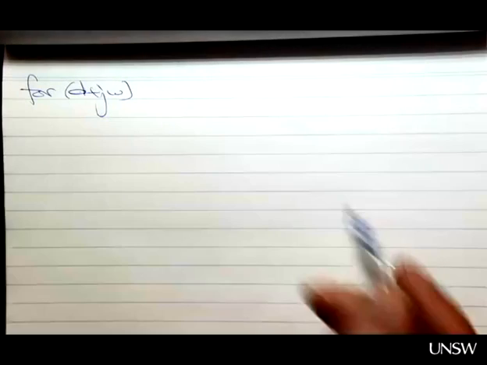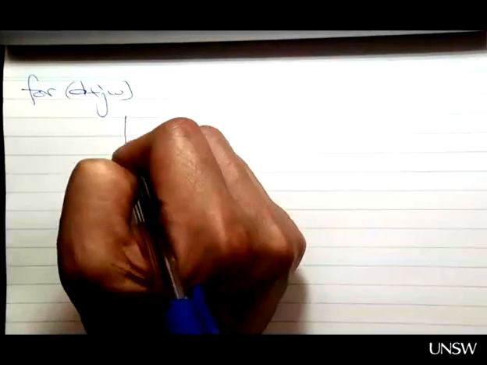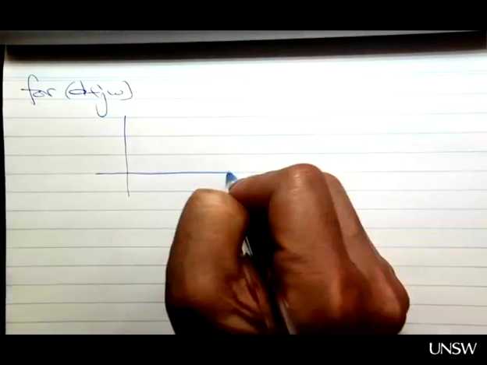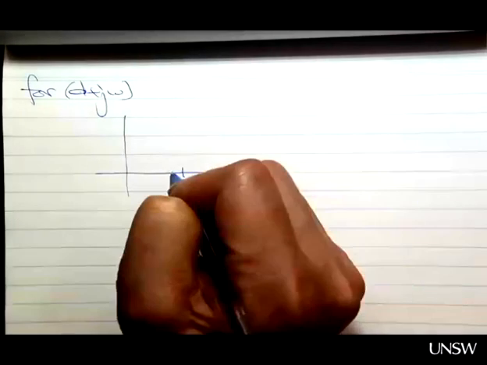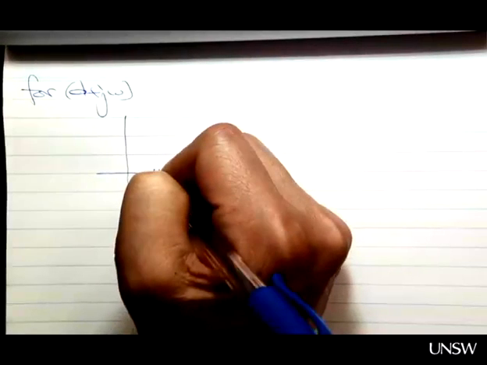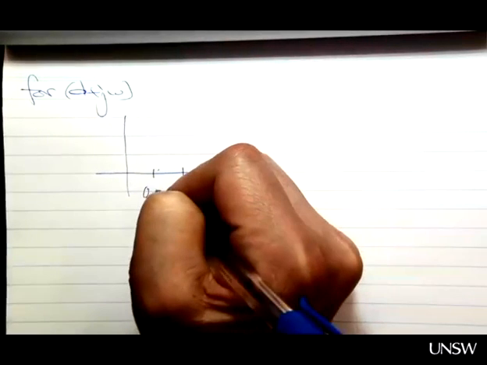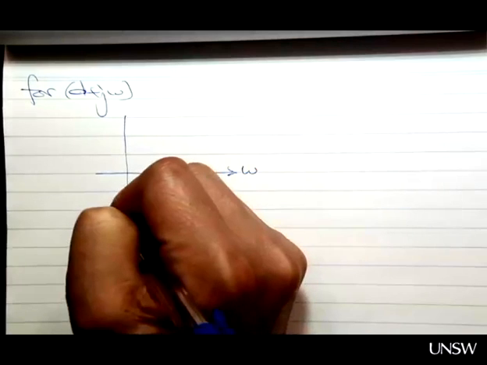So for the d plus j omega term, the magnitude with omega somewhere at d, and then here is 0.1d, here is 0.01d.